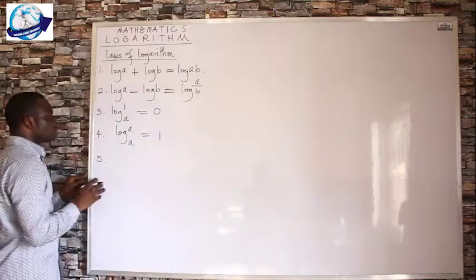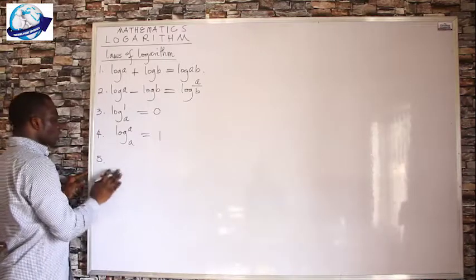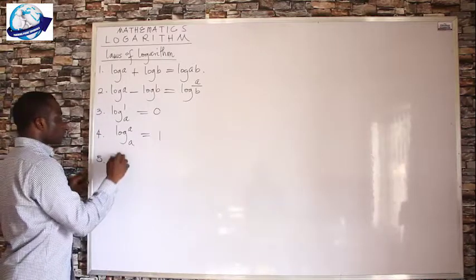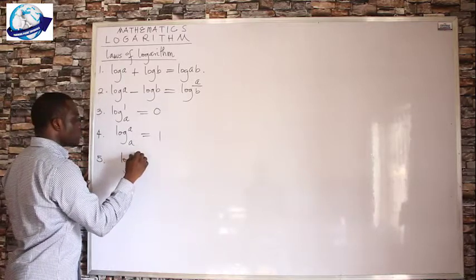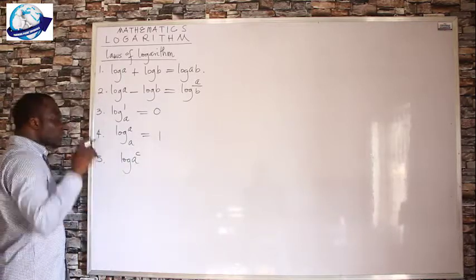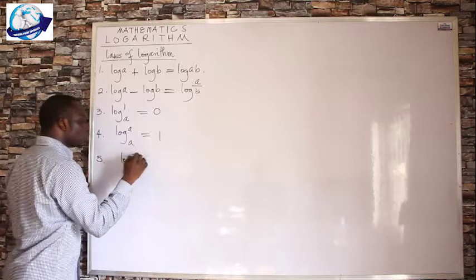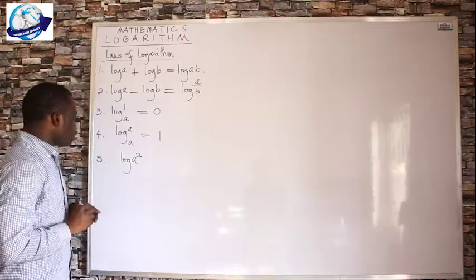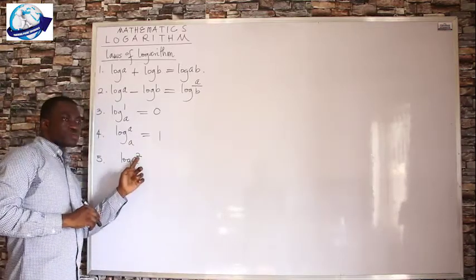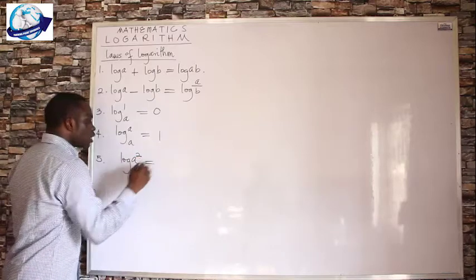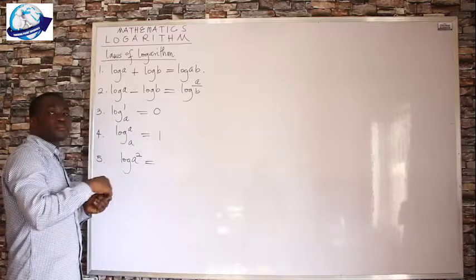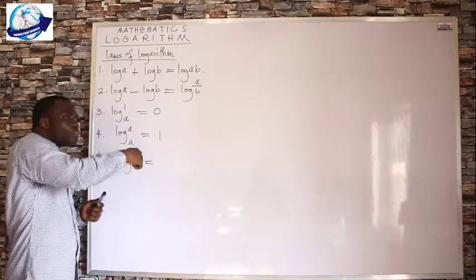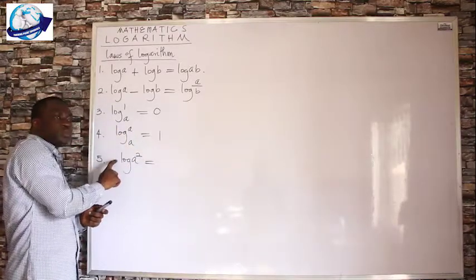So please accept that. Then number 5, we can also say this: log A raised to power C. Let me make it very clear by putting figures. Log A raised to power 2 can be rewritten, meaning that when a logarithm has a power, the power goes back to multiply the logarithm.